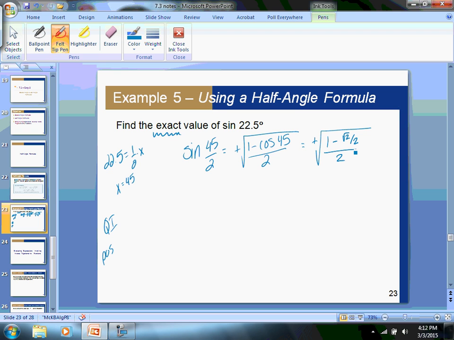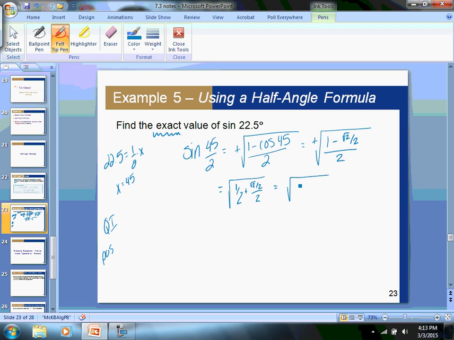Now we have to do some simplifying here. I would probably start by breaking up those two fractions. So we'll have 1/2, and then square root 2 over 2, all over 2. If I have something over 2 that's over 2 again, that's going to be over 4.